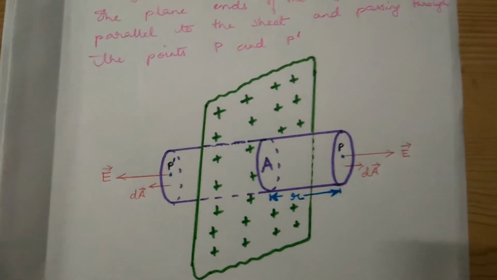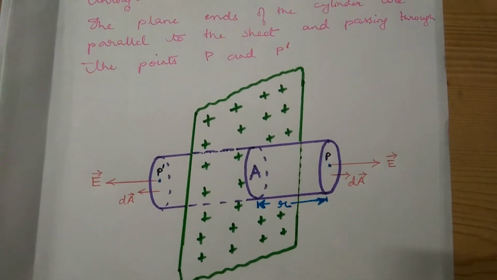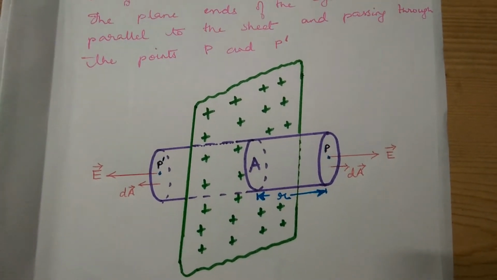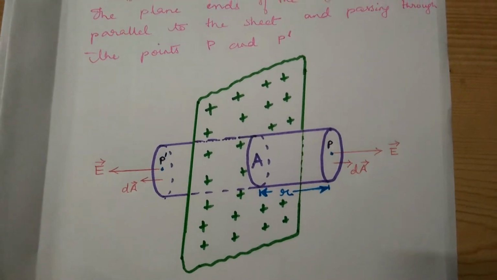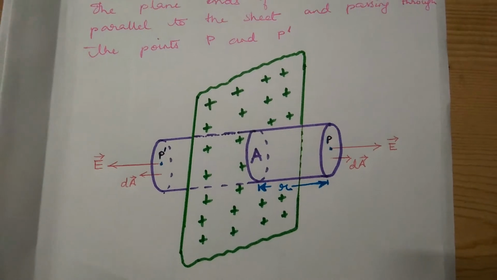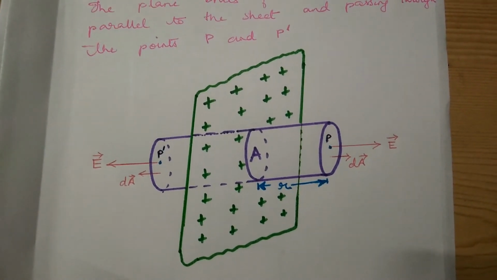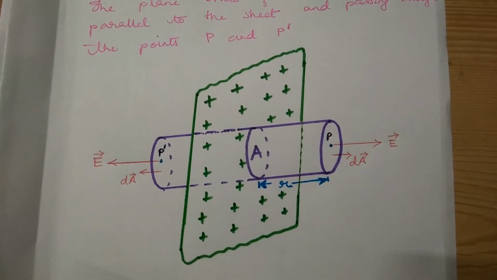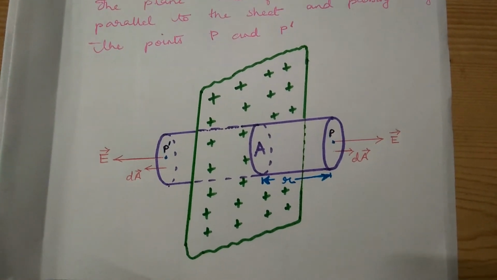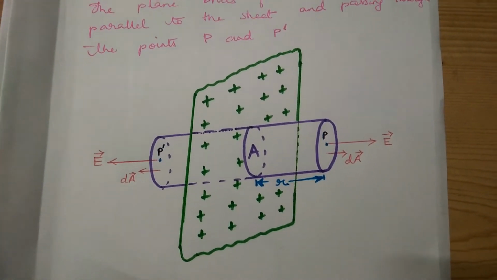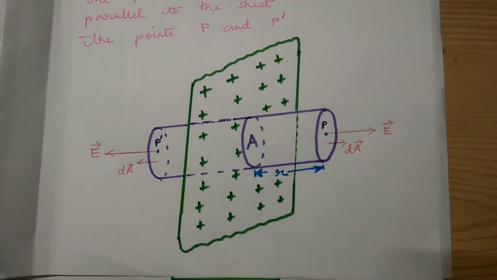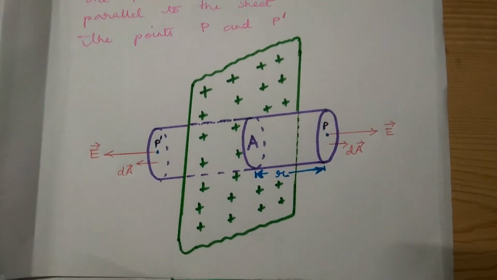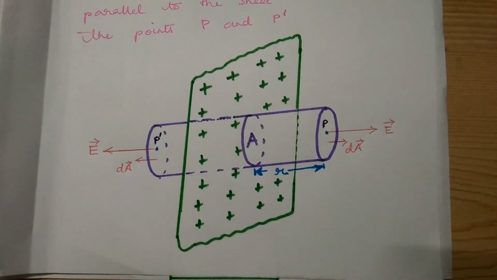As we can see, the infinite plane sheet of charge, again we are considering positive charge, is shown in green color. The violet is the Gaussian cylinder which is drawn, cutting through this sheet, and at the end surfaces we can see that the field and the area vector are parallel.